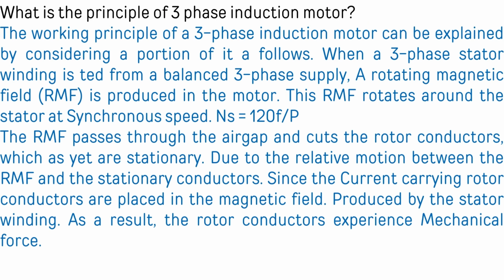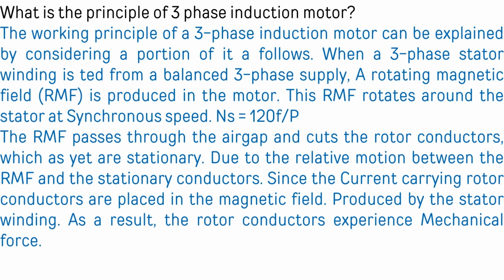The working principle of three-phase induction motor can be explained by considering a portion of it as follows. When a three-phase stator winding is fed from a balanced three-phase supply, a rotating magnetic field is produced in the motor.